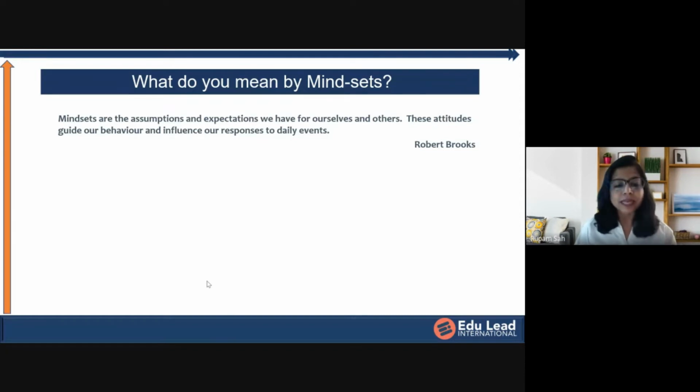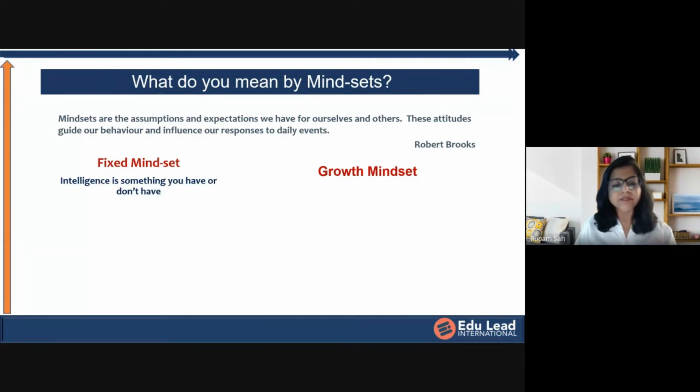So the two kinds of mindsets are fixed mindset and growth mindset. When we say fixed mindset, it means intelligence is something you have or you don't have. Anyone with a fixed mindset will think, oh, this person is intelligent, this person is not intelligent. You have certain things, you do not have certain things, so it's fixed, it cannot be changed.